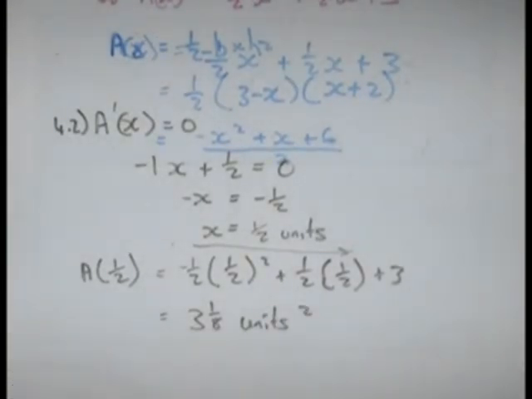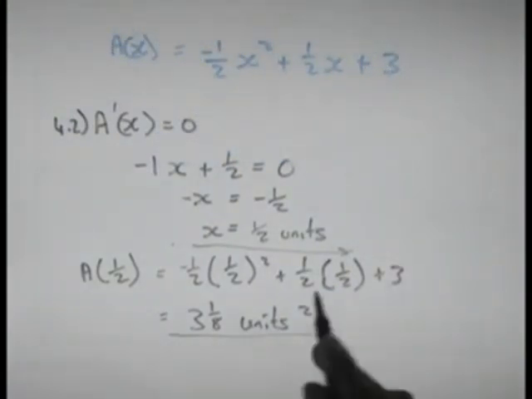Again, this one here I did not give you any parameters, whether to use meters or centimeters or anything like that, so you'll just say units squared. Units squared meaning any units that are available to you. Alright, quite an easy one.